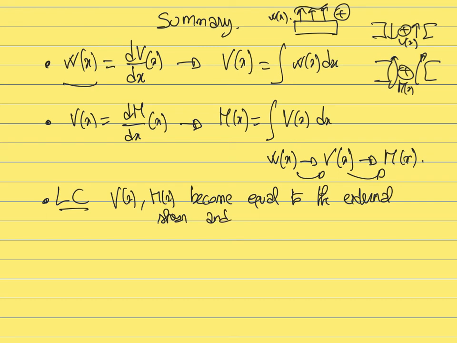So the internal shear and internal moment become equal to the external shear and external moment at the extremities. So if you calculate the value of the external forces and external moment at the extremities, which we call the limit condition, then that is going to give you some relationship that you can use to find the value of those integration constants.